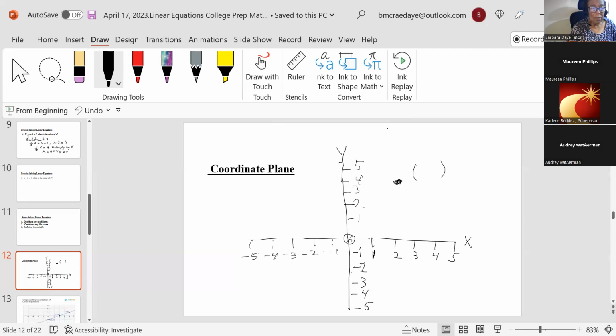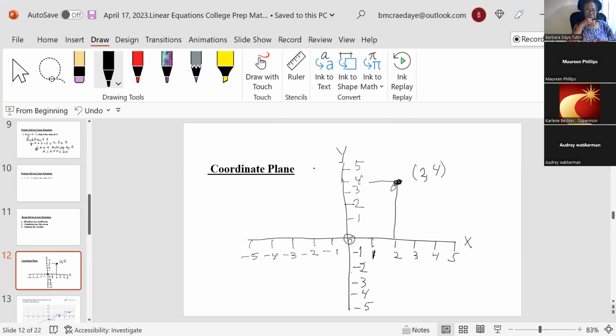The x is 2. X is 2 right here, Audrey, on the horizontal. And what's y, Maureen? 4. Right. There's the y, and there's the x, and there's the point.